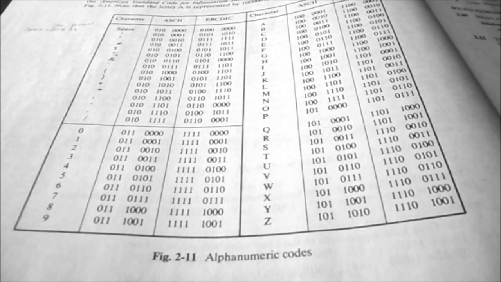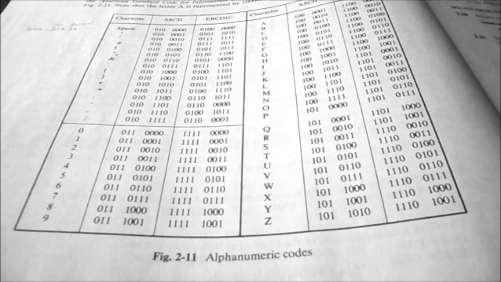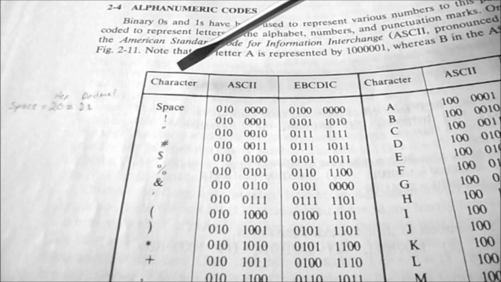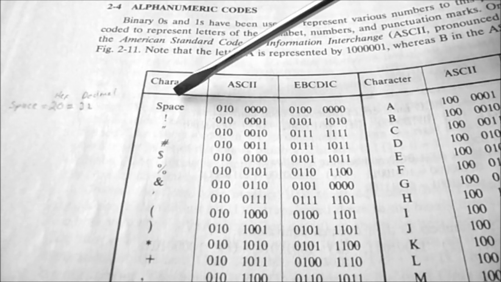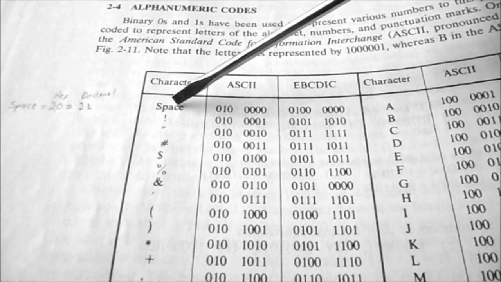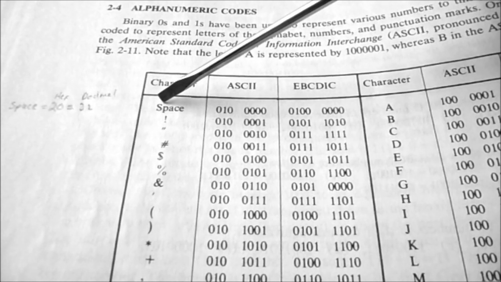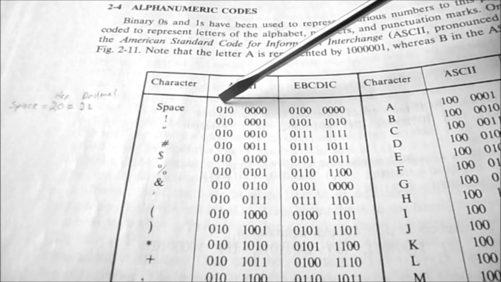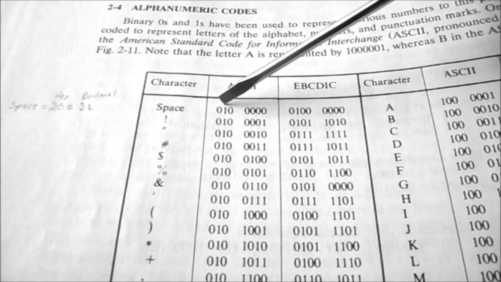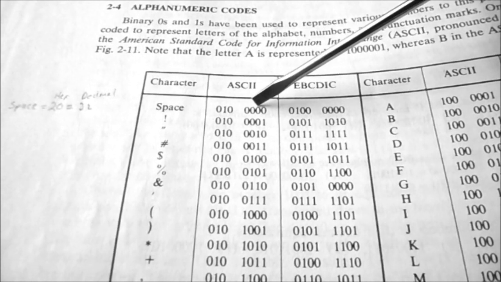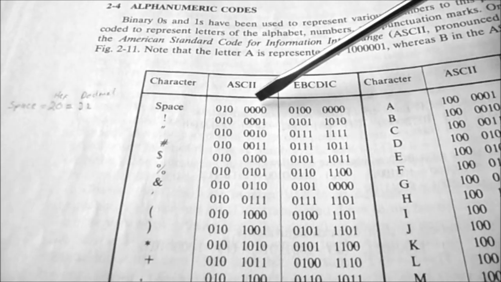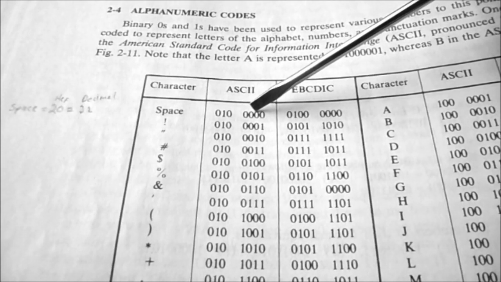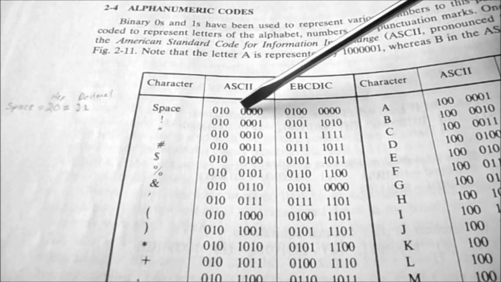So you can see that every letter of the alphabet is represented by a code. On this table, you can see that the character, which would be from a keyboard or displayed on the screen, such as the space character, actually has an ASCII code, and this is written in binary as 010 0000, which equates to 20 in hex, and converting that to a decimal number, that would be 32.